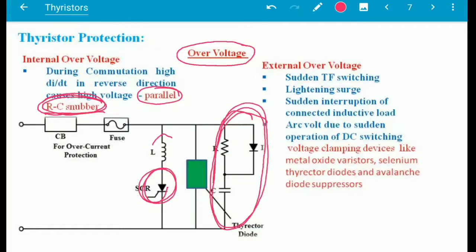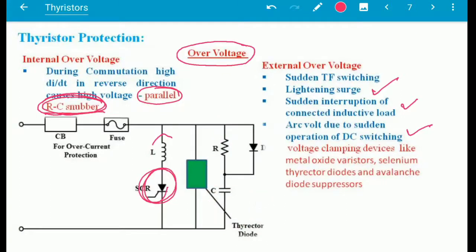For external overvoltage, the causes are sudden transformer switching, lightning surge, sudden interruption of connected inductive loads, or arc voltage due to sudden operation of DC switching. These are the causes. And what is used for the protection?